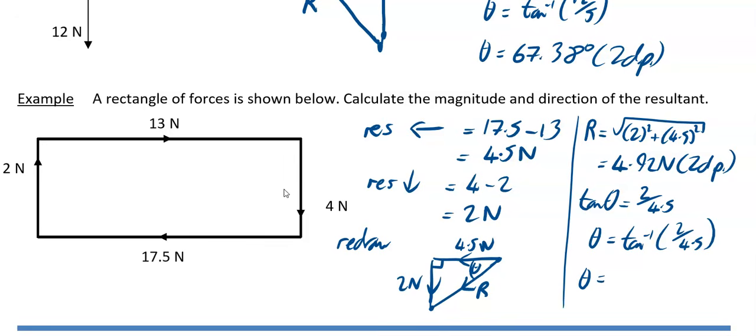Let's just check that: tan to the minus 1 of 2 divided by 4.5, which is equal to 23.96 degrees to 2 decimal places.